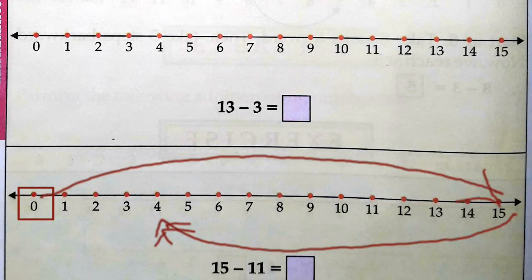Counting 1, 2, 3, 4, 5, up to 11, we will reach at 4. Okay, so the answer is 4. 15 minus 11 equal to 4. The answer is 4. Okay.